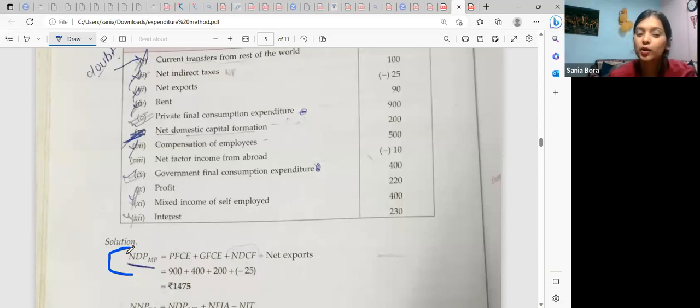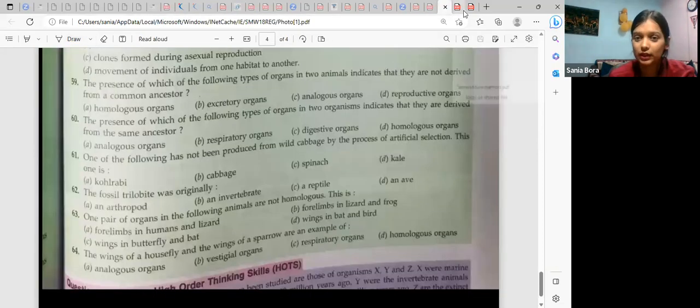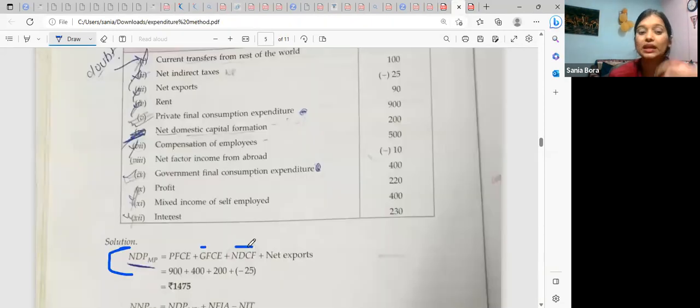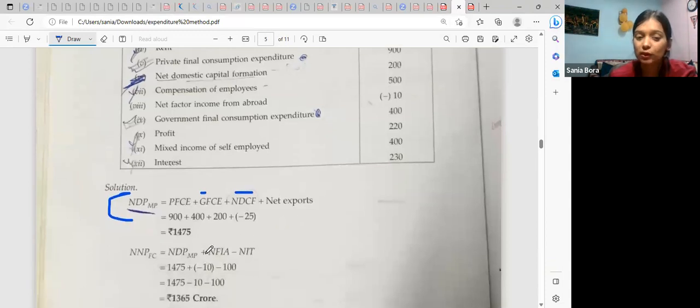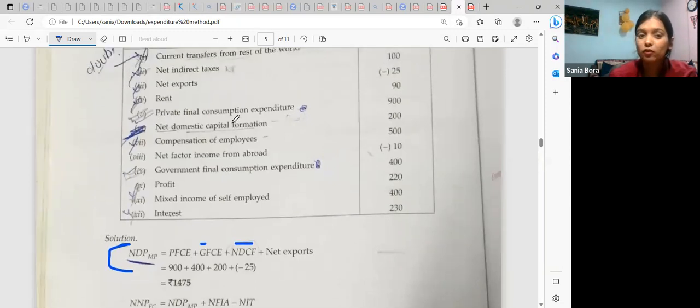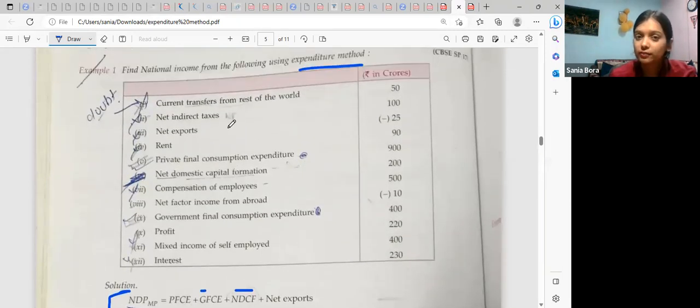The thing is that because it is already net given here, you can take NDP at FC, but when you calculate it, you will just simply subtract it. Clear? Because gross is not given over here.